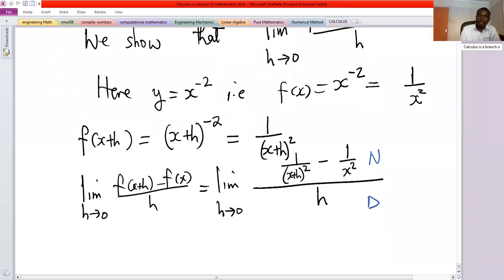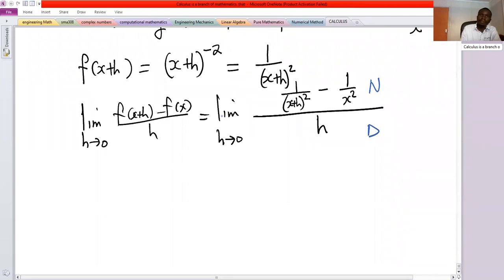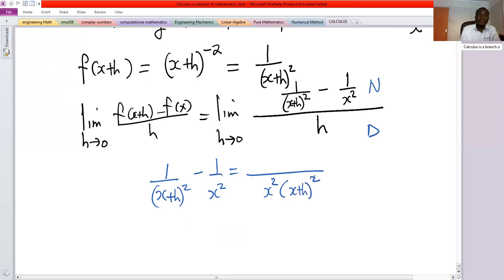So let's simplify the numerator. The numerator is 1 over x plus h squared minus 1 over x squared. So the LCM is x squared into x plus h squared. So this one will be x squared times, minus this will be x plus h squared, over x squared into x plus h squared.